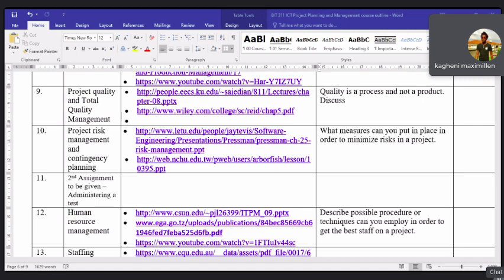We cannot dodge risks. However, during project management, all we need to do is to record the risks, come up with a list of risks which are likely to occur, which can be expected to happen.